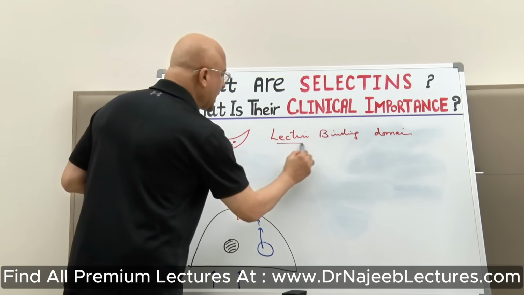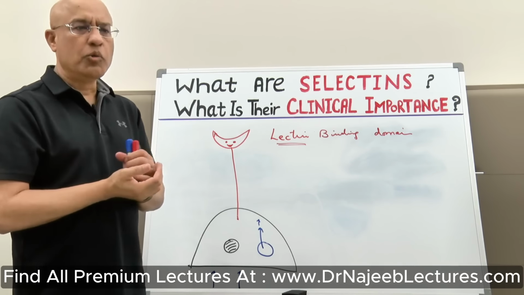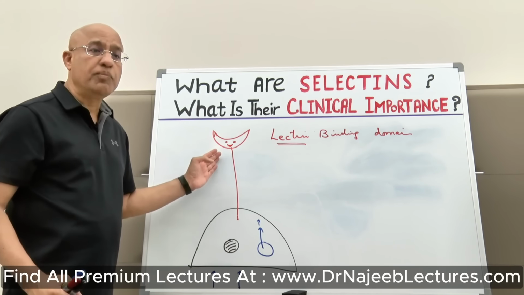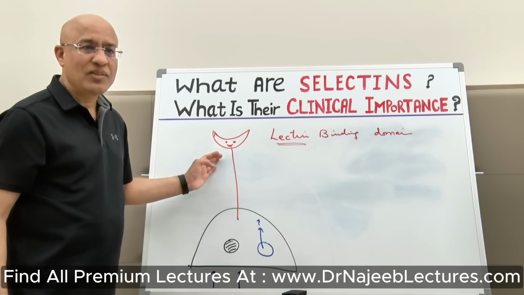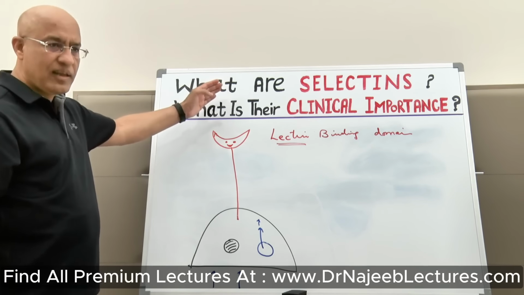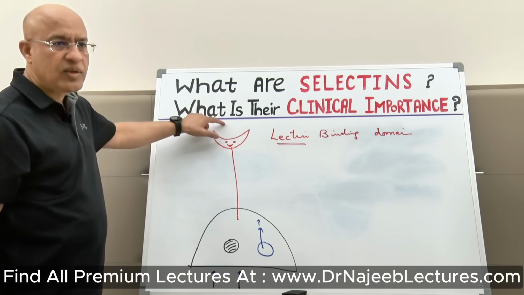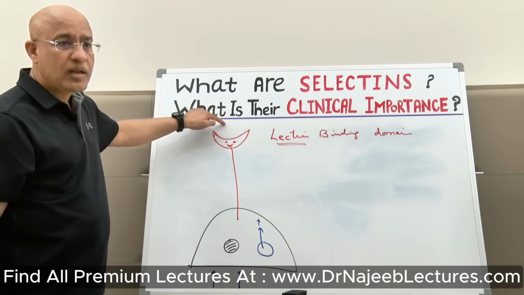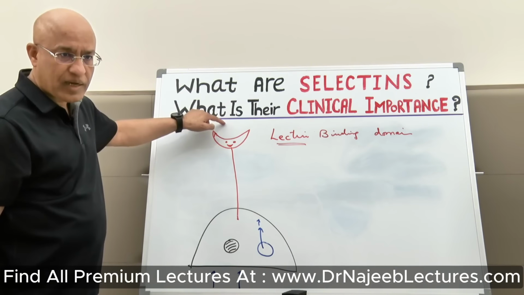What is meant by the lectin? Basically, lectin binding domain means a domain of this molecule which loves to bind with carbohydrates. It means the other cell with which this is going to interact should express a receptor which has some carbohydrate in the receptor, right?